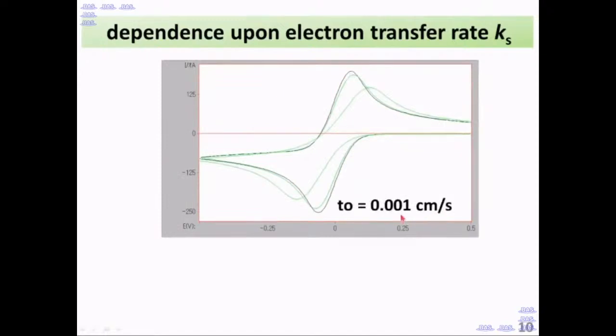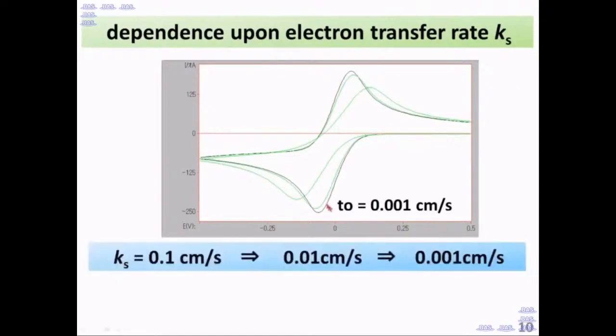With further decrease of Ks, the peak-to-peak difference becomes very large. From the profile, we can roughly estimate the Ks value: this is 0.1, this 0.01, and then 0.001.